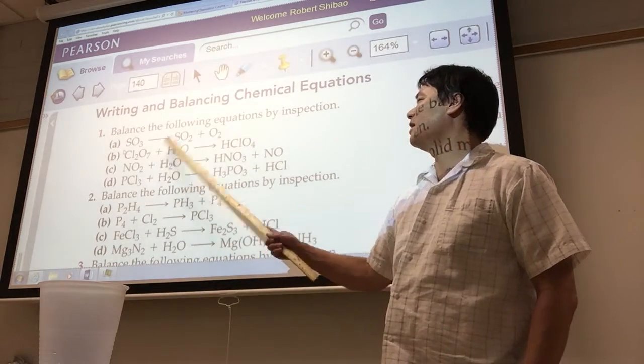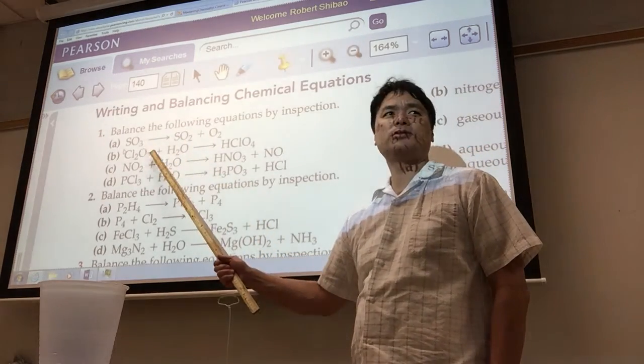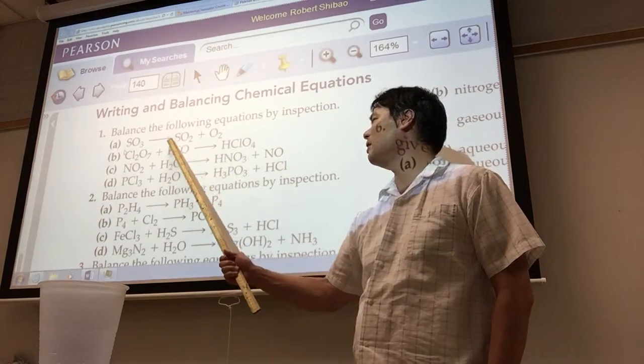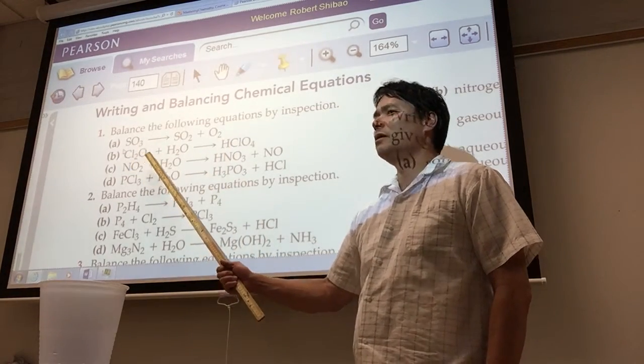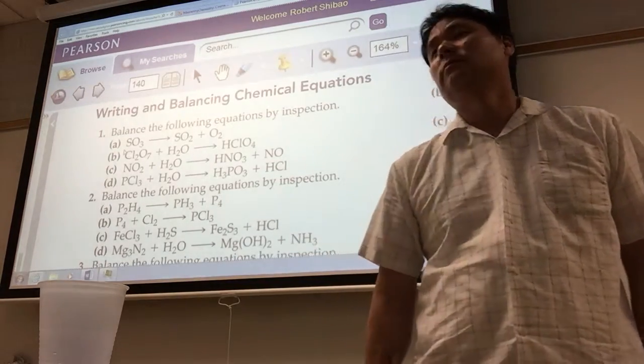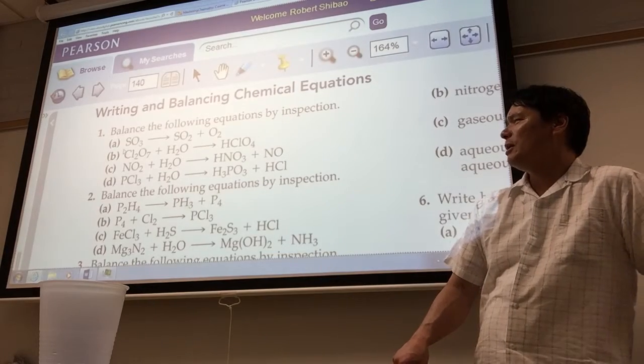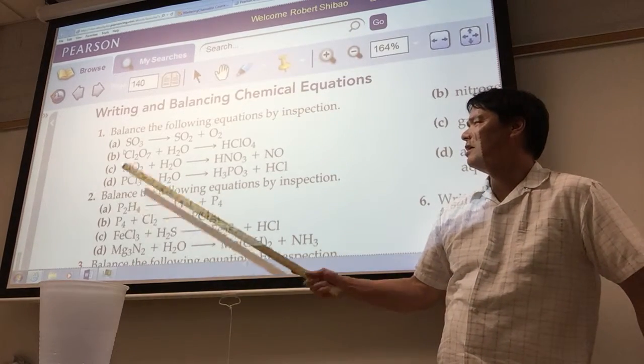But is this a redox reaction here? Combinations are usually the reverse of decomposition reactions. So if we reverse this, that would be combination, right? And so is this a combination redox reaction, or what is it? Well, the easy way to determine if it's a redox reaction is just look at the oxidation states.